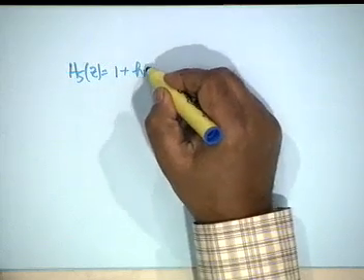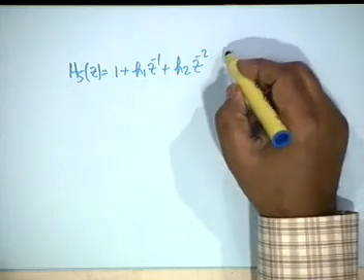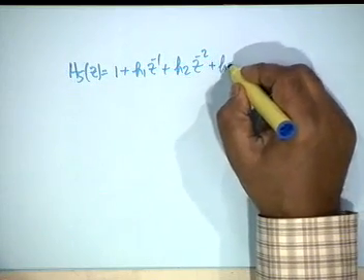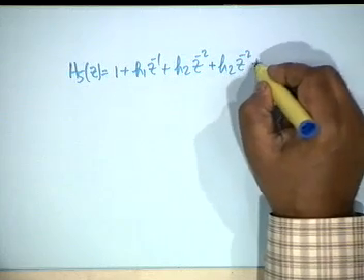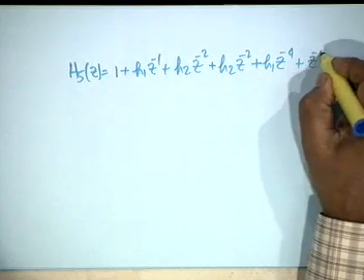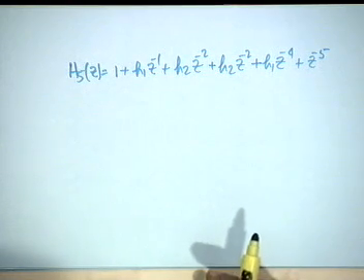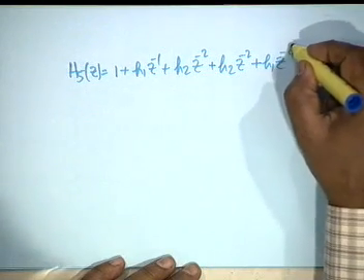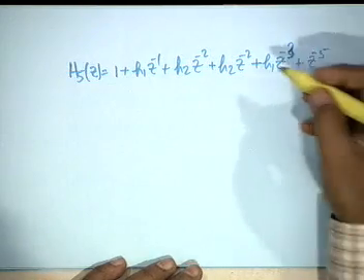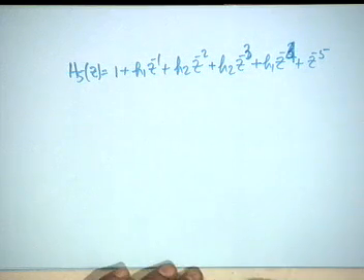That is H5(z) equal to 1 plus h1 z inverse plus h2 z to the minus 2 plus h2 z to the minus 3 plus h1 z to the minus 4 plus z to the minus 5. Okay. I beg your pardon, minus 3, minus 4. This 4 was all right.